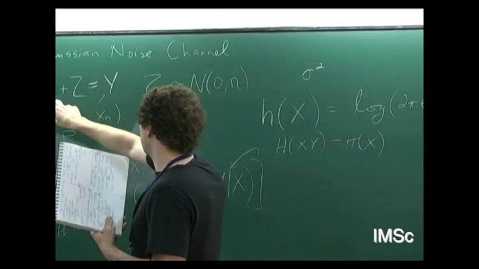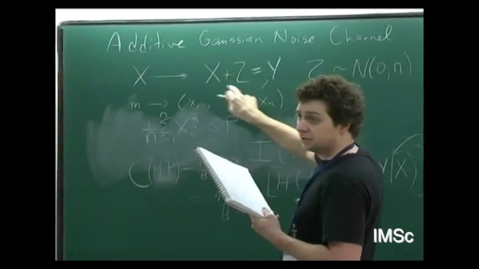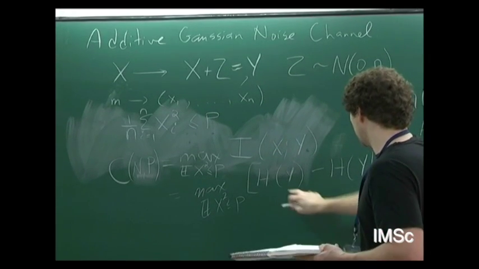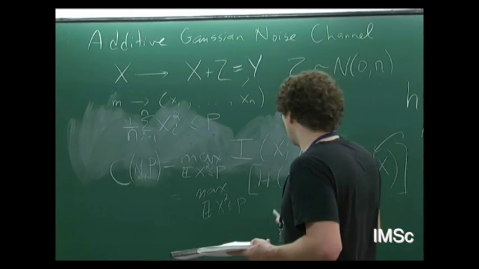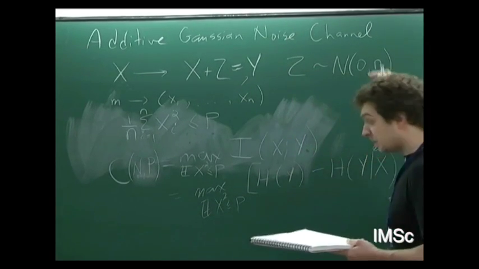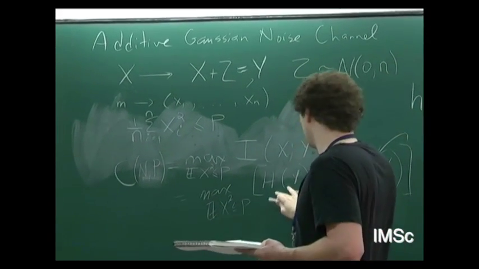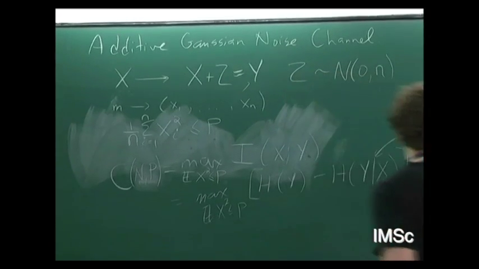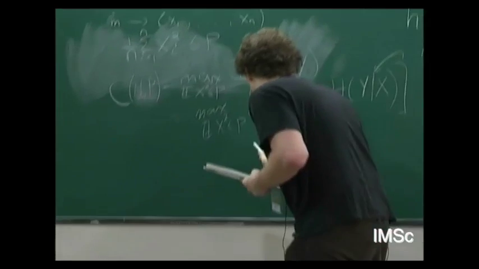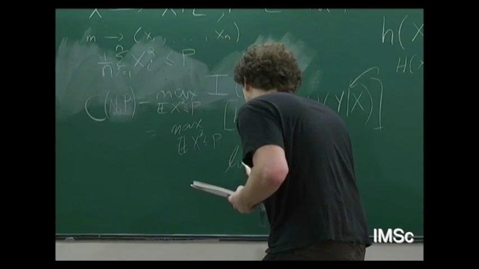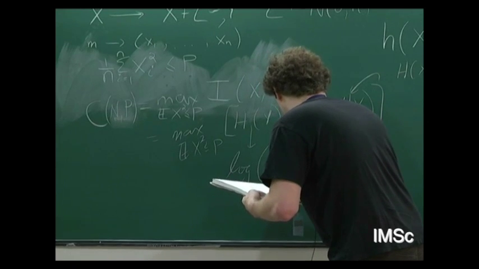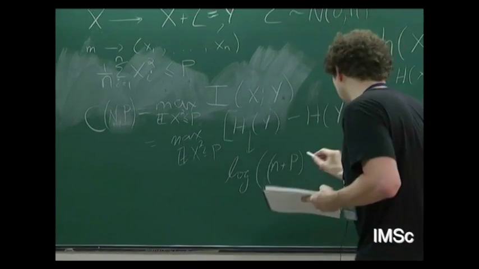We know if we're going to take x to be a Gaussian, that the sum of the two Gaussians is going to be a Gaussian with variance equal to the sum of the two variances. So the variance of x is going to be p, the variance of z is going to be n. So the variance of this whole thing is n plus p. And then we can use this formula, which tells us that this entropy h of y is going to be log n plus p times 2 pi e.